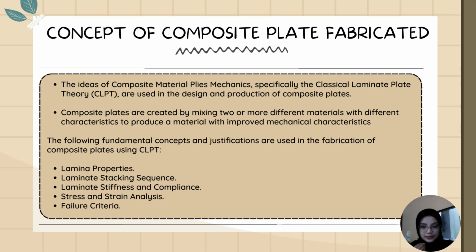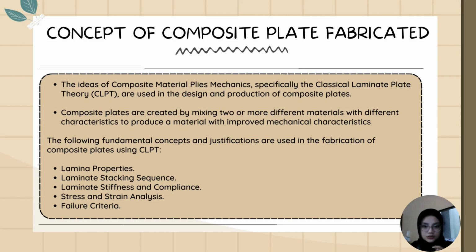So for the next slide, I will talk about the concept of composite plate fabrication. The idea of composite material ply mechanics, specifically the classical laminate plate theory, which is CLPT, is used in the design and production of composite plates.